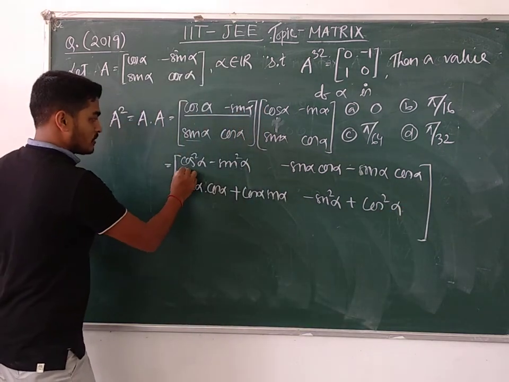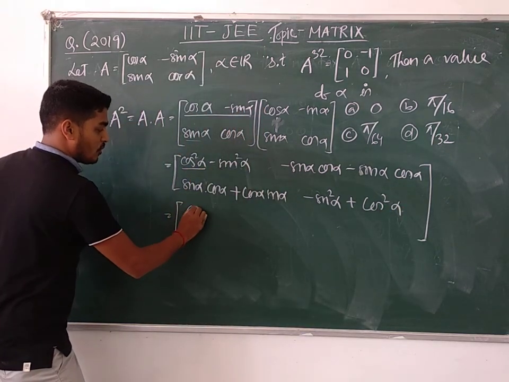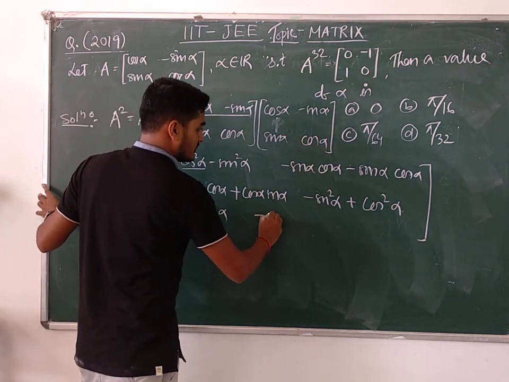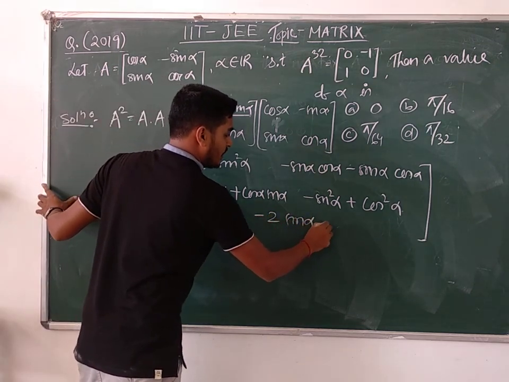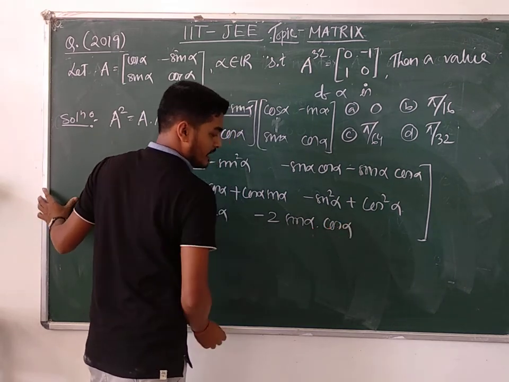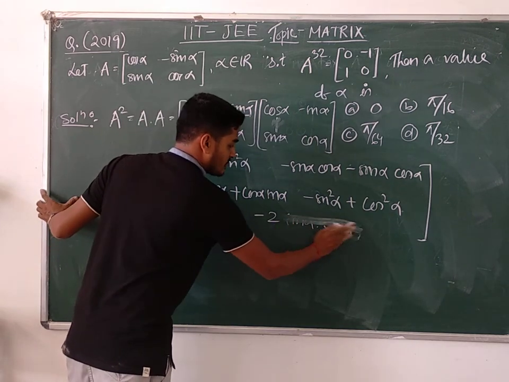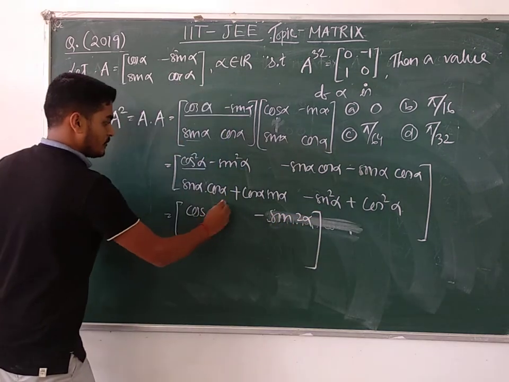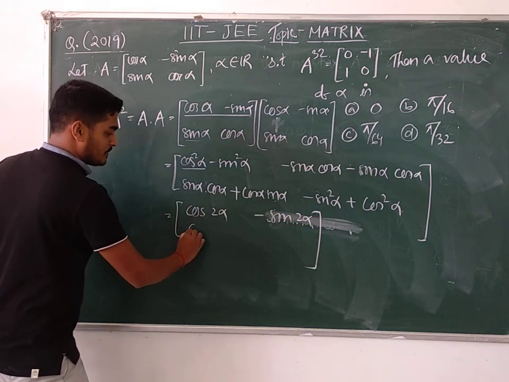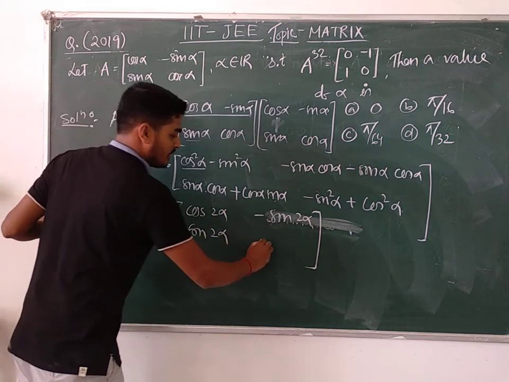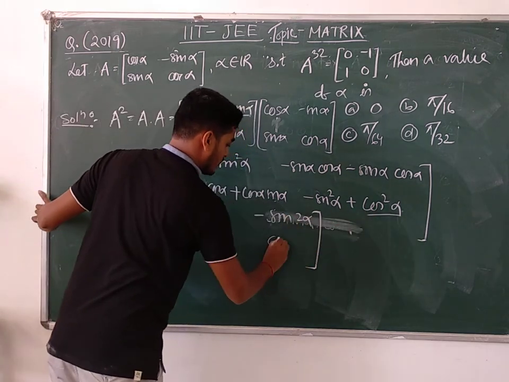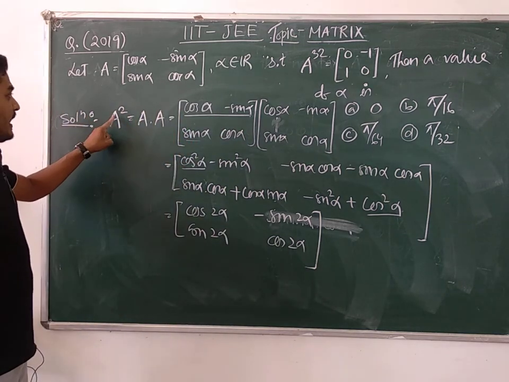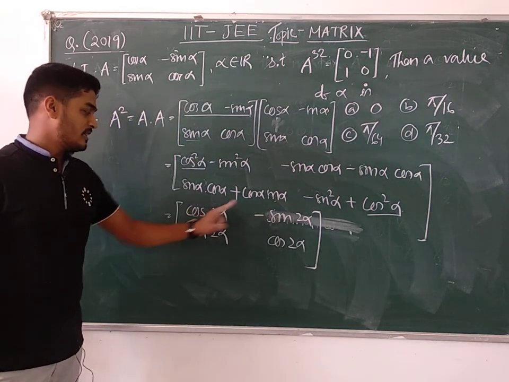So we have got cos square alpha minus sin square alpha, which is cos 2 alpha. Here it will be minus 2 sin alpha cos alpha, which can be written as 2 sin A cos A equal to sin 2A, that means sin 2 alpha. And it will be cos square alpha minus sin square alpha, which is cos 2 alpha. So I think you have got that A square equals cos 2 alpha, minus sin 2 alpha, sin 2 alpha, cos 2 alpha.